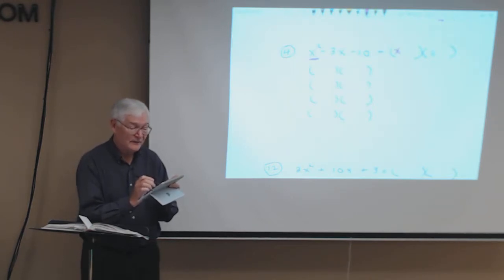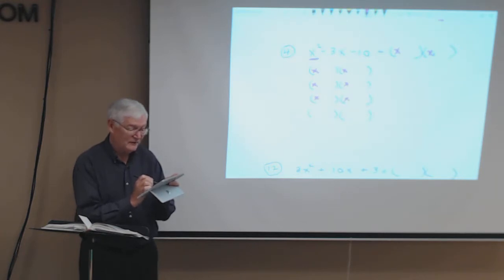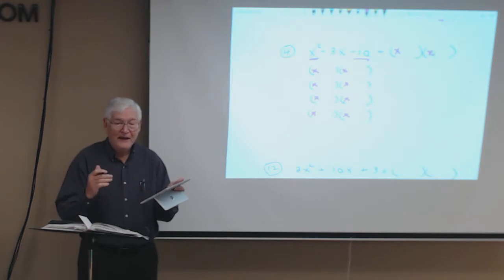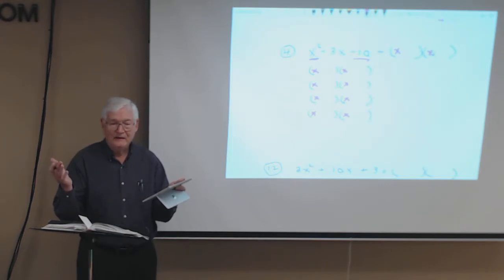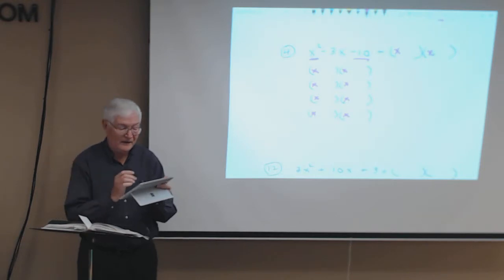See that? Because we know there's only one possibility. X and x, first times the first, and I'm just filling them all in because I'm not sure which one I'm going to use. Then the last term is negative 10. Now, how many ways can I get negative 10? What two numbers can I multiply to get negative 10?